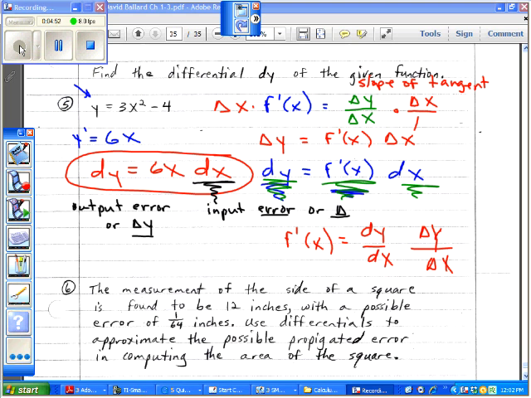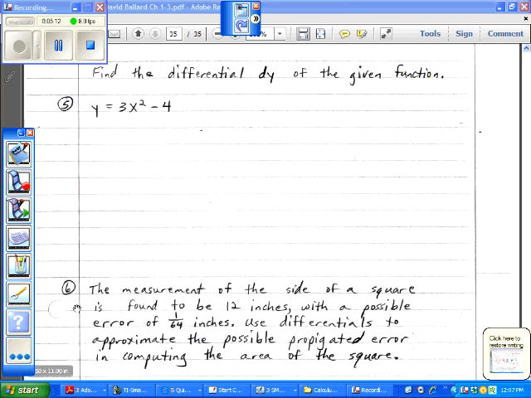You see? Given that we're allowing so much input error, how much output error is that going to produce? It's kind of like our delta and epsilon situation in a more streamlined method. Okay, so we're going to make application of that on number 6.